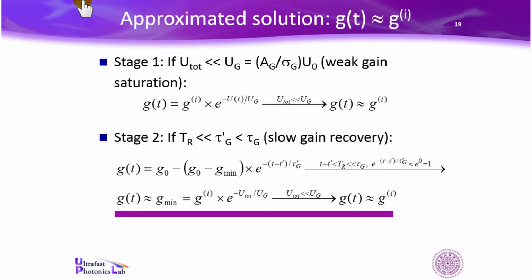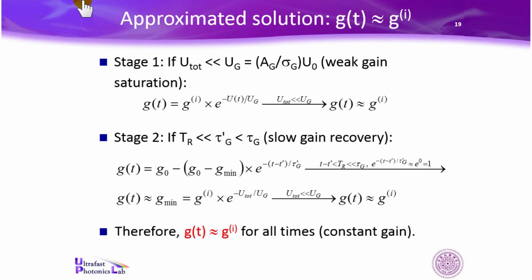So you also got G of t is close to initial gain, G super I. So no matter whether it is stage 1 or stage 2, you arrive at the same conclusion. Gain dynamics, G of t, is close to a constant gain, G super I. So this is a very simplified model. You don't have to worry about gain dynamics in this case, because in this case, gain is just a constant. It's regarded as a constant.